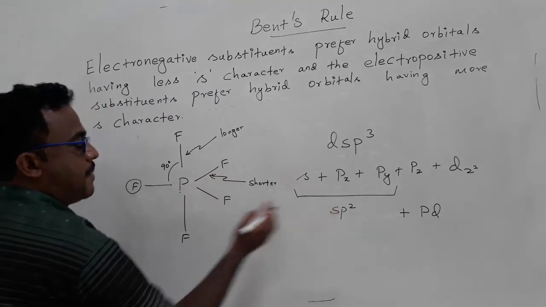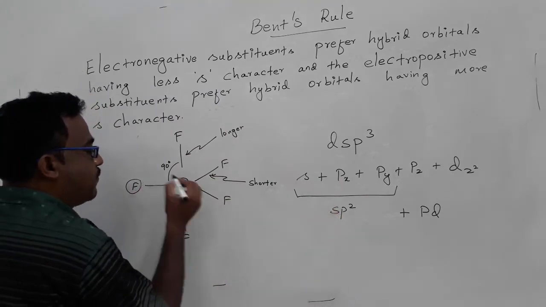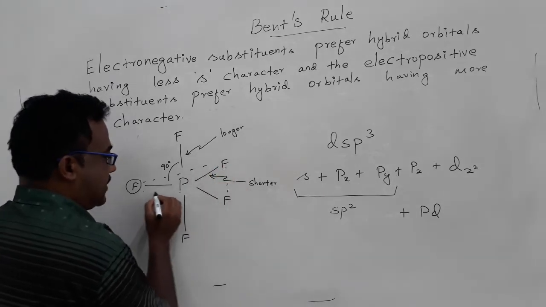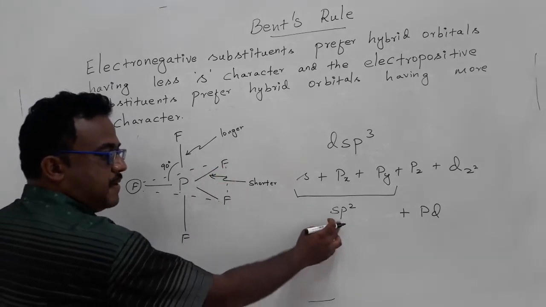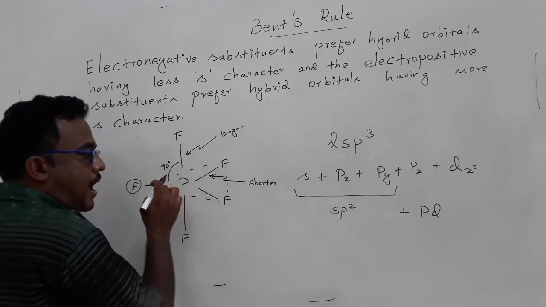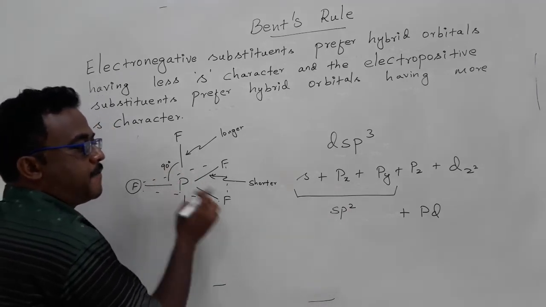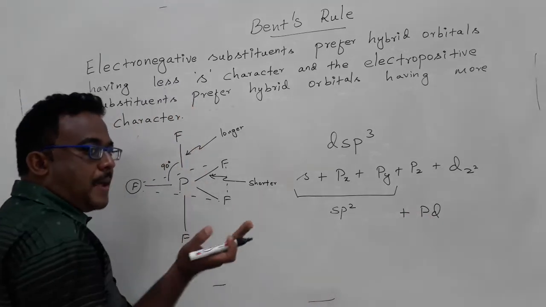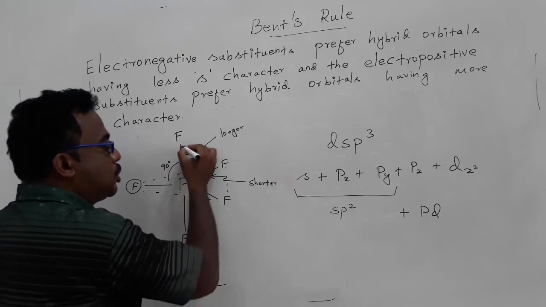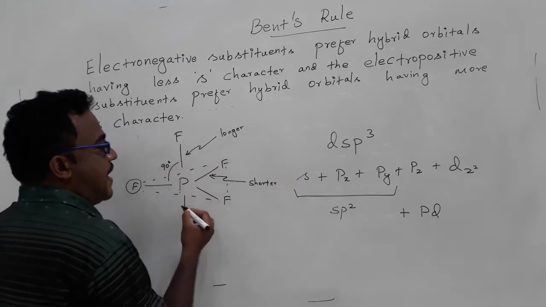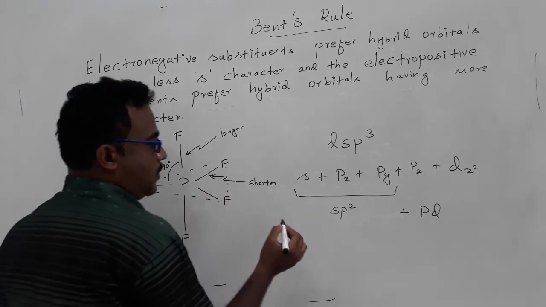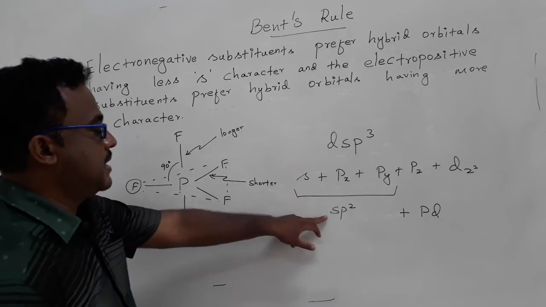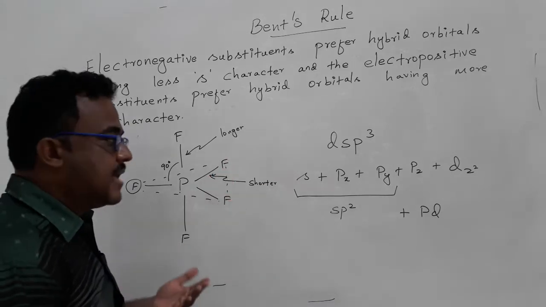The sp2 hybrid orbitals are involved to form three PF equatorial bonds. This sp2 hybrid orbital is responsible for three equatorial PF bond formation, and this pd hybrid orbital, which is perpendicular to the xy plane, is responsible for two axial PF bonds. On this basis we can also explain that sp2 hybrid orbitals can overlap with the fluorine atoms to form a stronger bond.